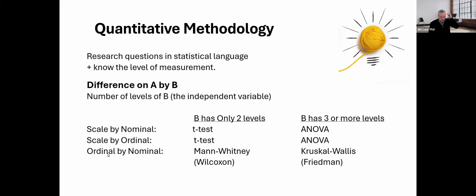So I'm looking at program satisfaction, low, moderate, high, by nominal, whether it has 2 levels or 3 levels. We're doing a Mann-Whitney or a Kruskal-Wallis. When things are paired, it's a slightly different story. So the take-home message here is that phraseology, differences, and levels of measurement are driving different tests.